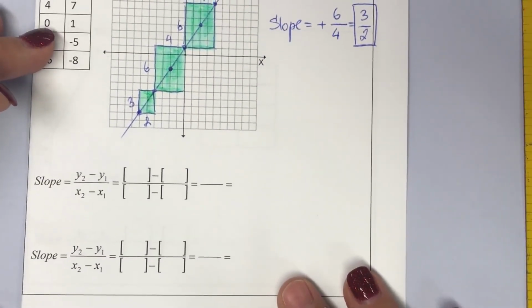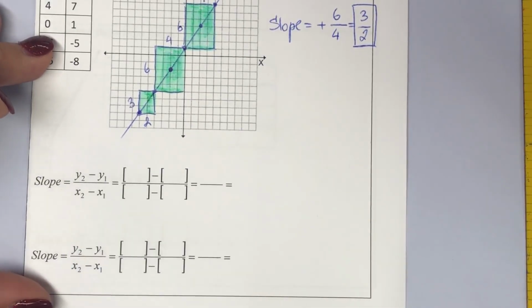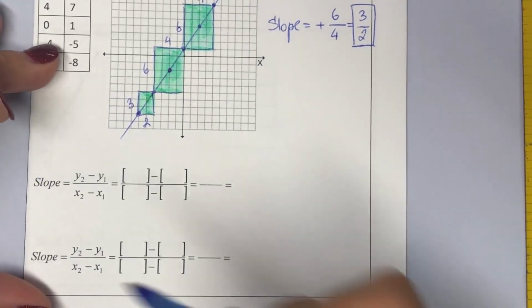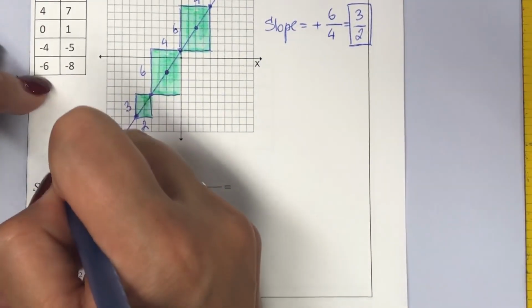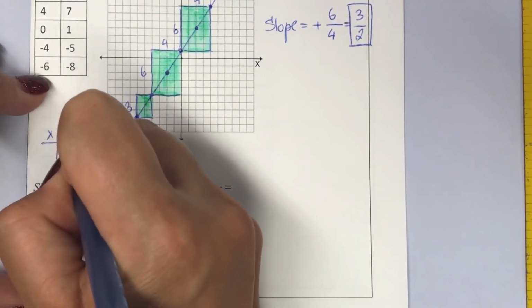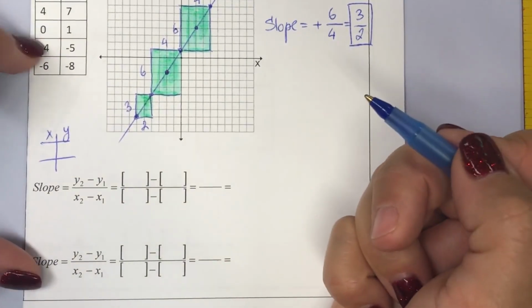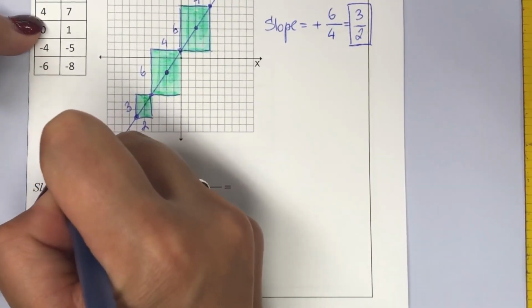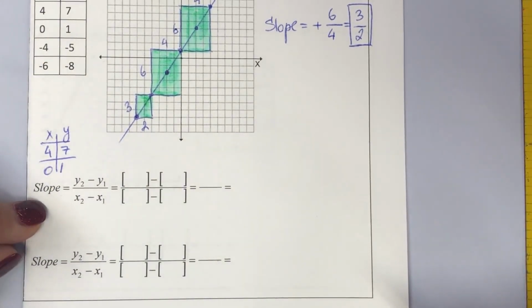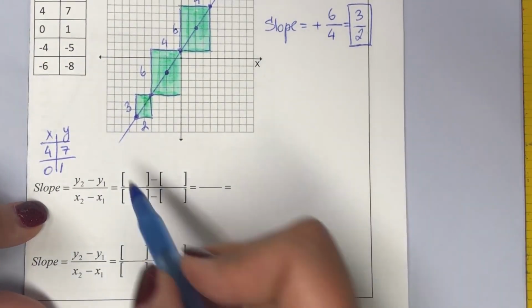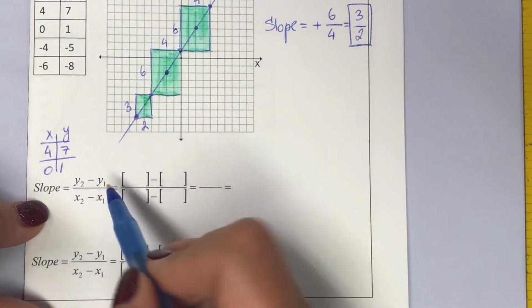What we need is 2 points in order to use the slope formula. So for example, out of the 4 given points, I can use any 2. So I'm going to start with just picking, let's say the first 2, (4, 7) and (0, 1). Without the graph, we can use the slope formula, where on the numerator you subtract the y coordinates.